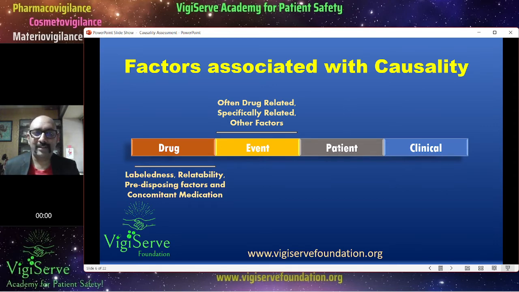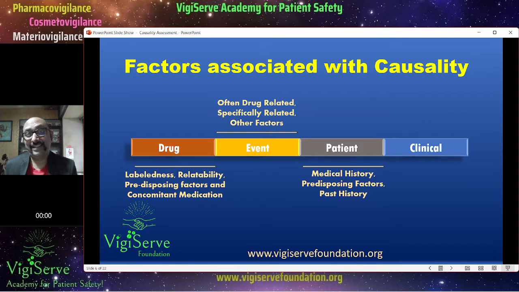Let us now look at the third, that is patient. Now, an adverse event may be caused in certain patients while not in some patients, right? So it is primarily genetic also in origin. That is a possibility, right? Something we call pharmacogenomics, because every patient would respond differently to a medicine. So if there is the same medicine, it may cause an adverse event in one patient but not in the other patient.